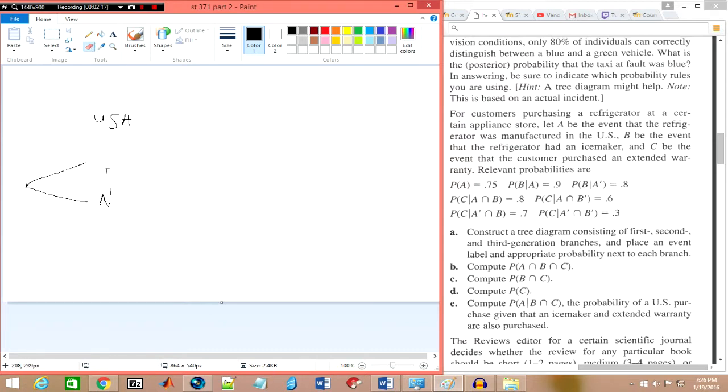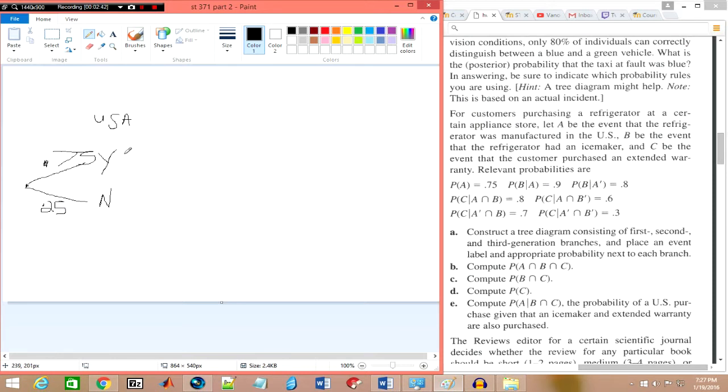And the probability of A is 0.75. That makes the no 0.25.